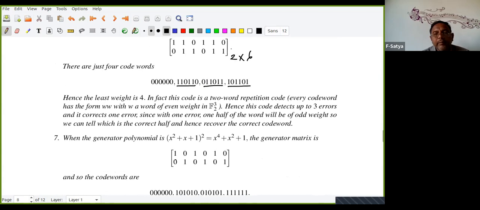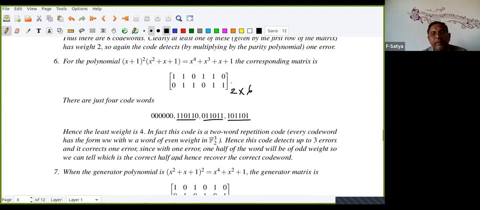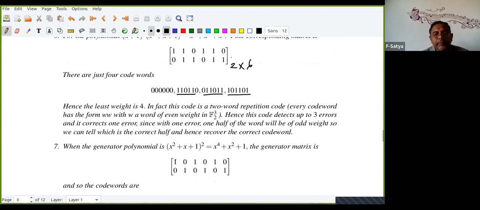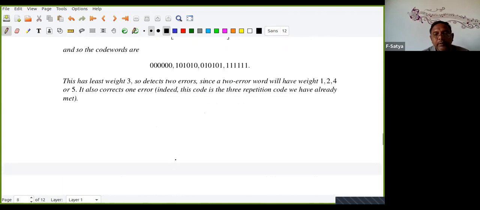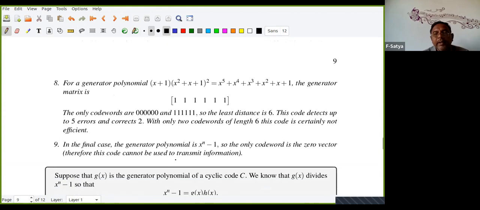So there are many code words of length 4 with dimension 2. Finally, I multiplied x plus 1 into x square plus x plus 1 whole square, so it is this entire part. The generator matrix is only this.